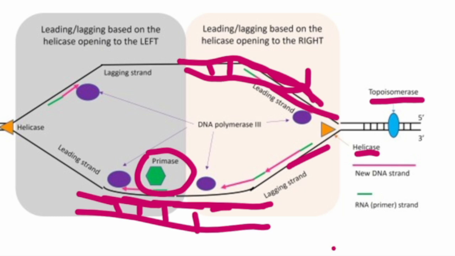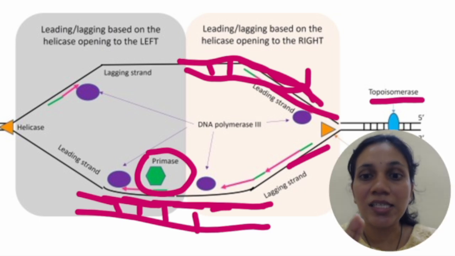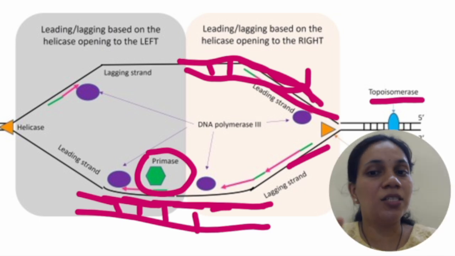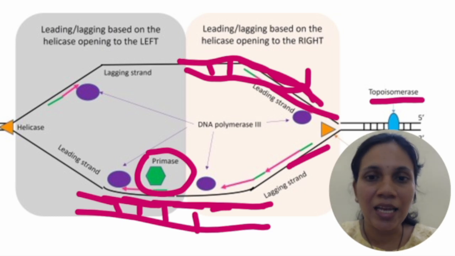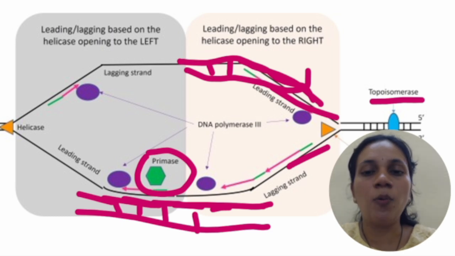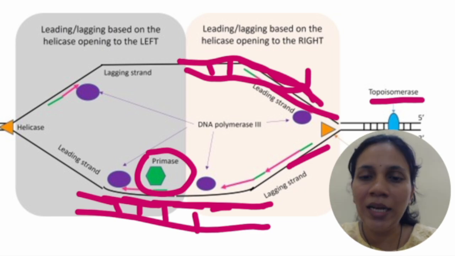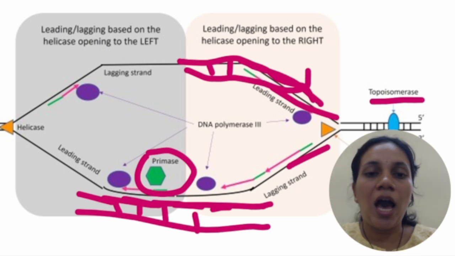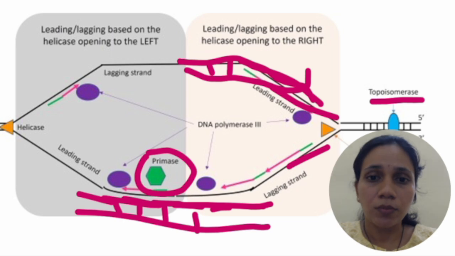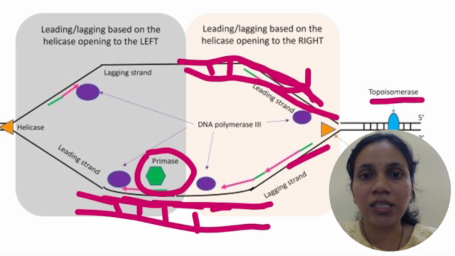Now there are two things involved over here. One is that we have already seen that DNA replication is semi-conservative. And secondly, we have now seen how it works on the lagging strand and the leading strand. On the leading strand it is continuous, whereas on the lagging strand it is discontinuous.